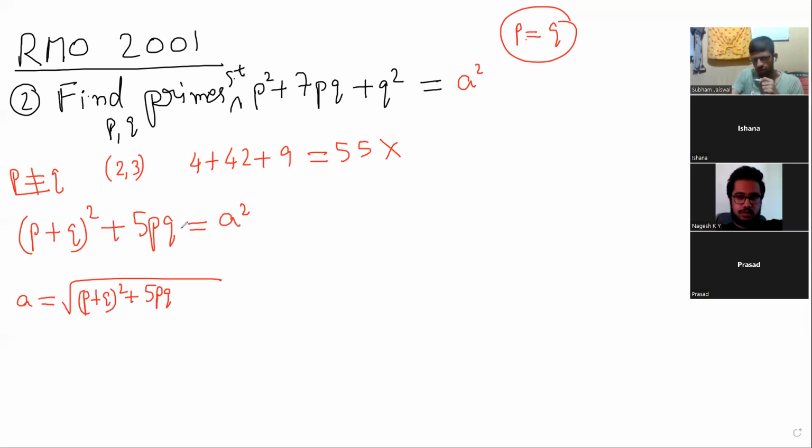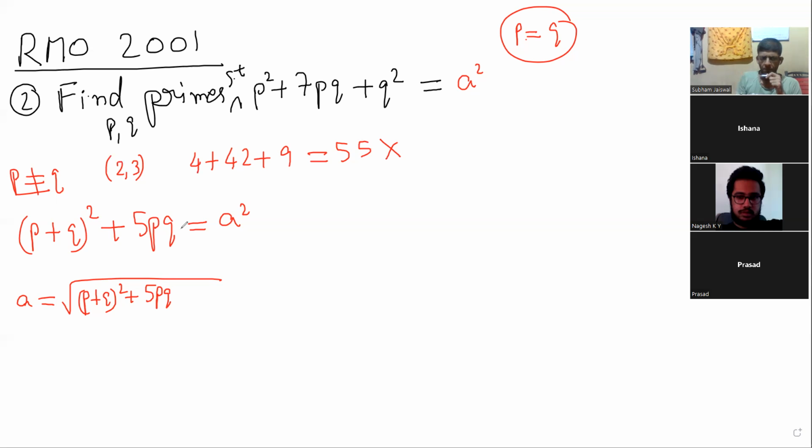No, I don't think so. Why? It might be, but why? I don't know. Because the sum of a square and a non-square could become a square. No, the sum of a non-square and a square.